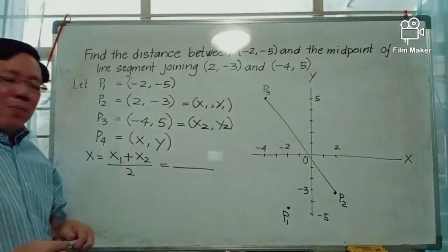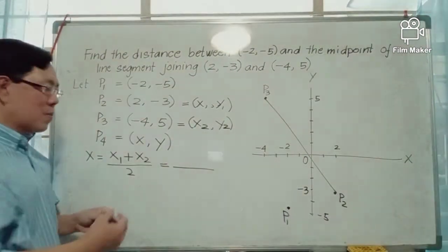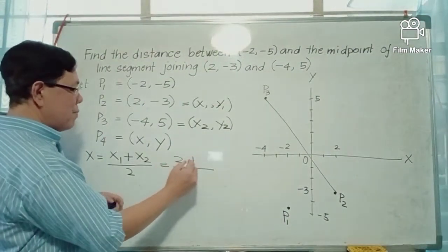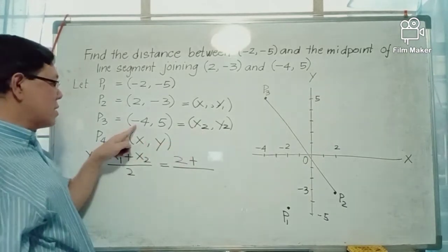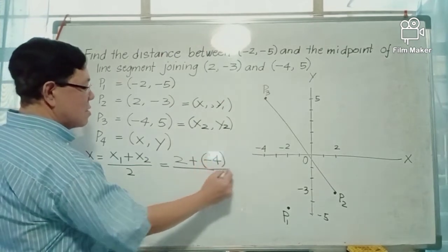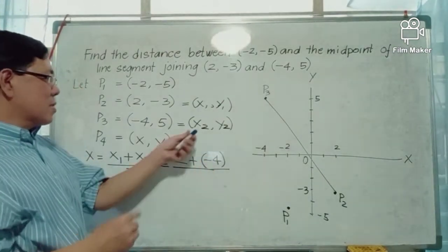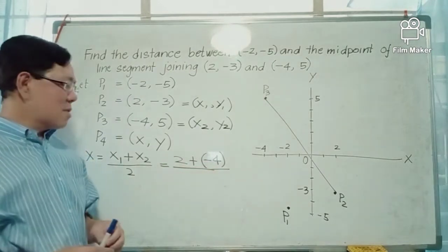Hence, the abscissa of the midpoint equals x1, which is 2, plus x2, the abscissa of the second endpoint, -4. Because x2 is negative, we write -4 in parentheses.